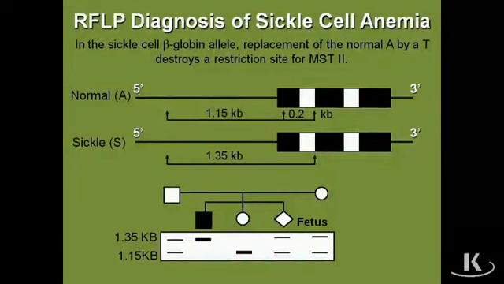Let's look. So in an individual that's a carrier for this particular mutation causing sickle cell anemia, they're going to have one normal allele, and they're also going to have a sickle cell allele. Now, if you look at the map for the beta globin gene, there's 1, 2, 3 exons that are interrupted by 2 introns.